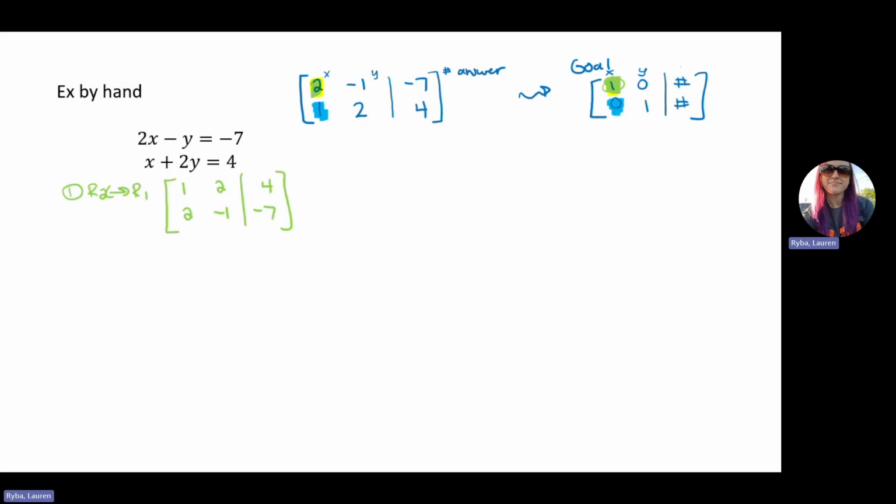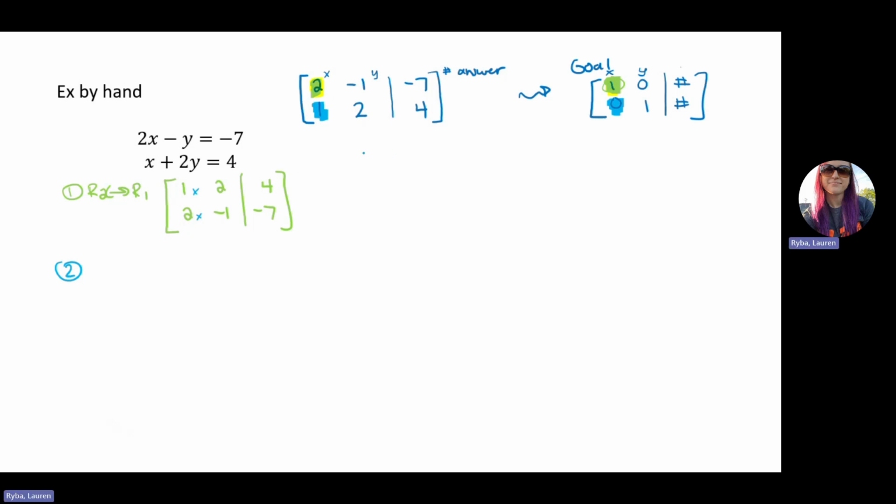Our goal is we're doing basically elimination, but not writing the x's and the y's there. So if I need to turn a 2 into a 0, thinking of this as 1x over 2x, I would multiply the top row by -2, right? Because the -2x and plus 2x would cancel out.